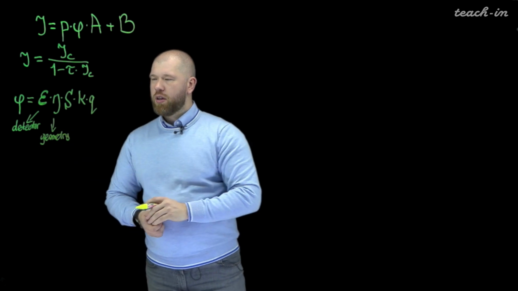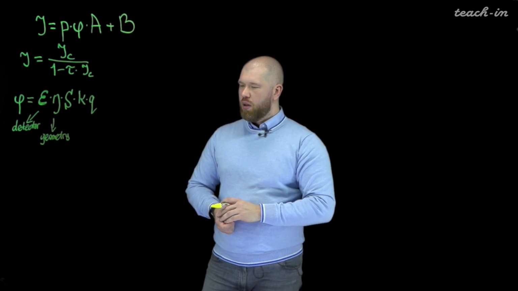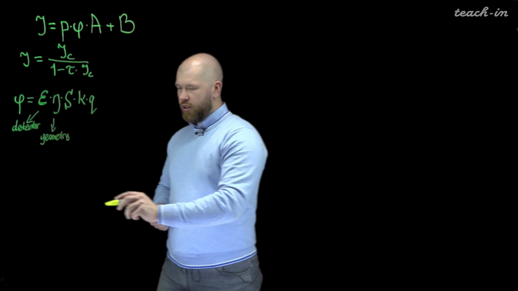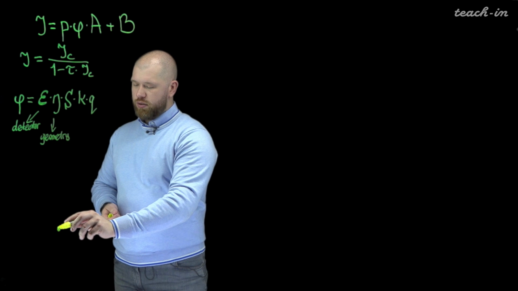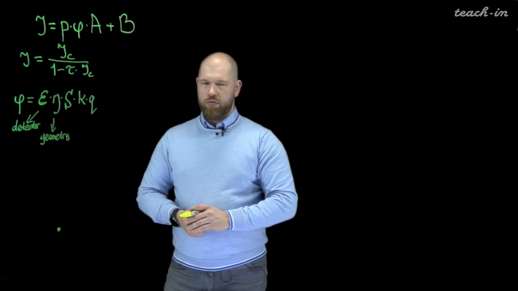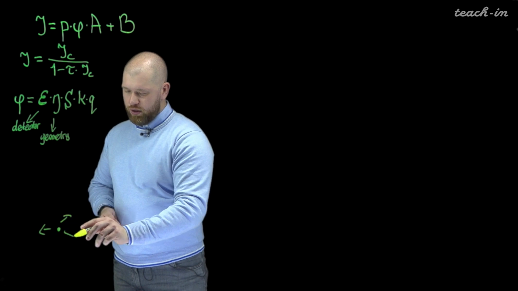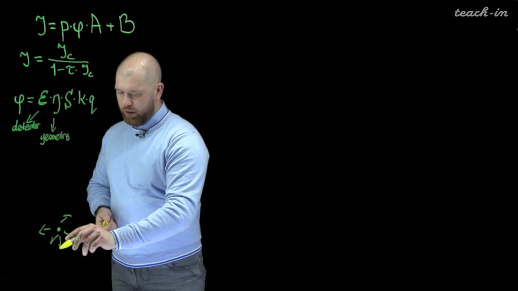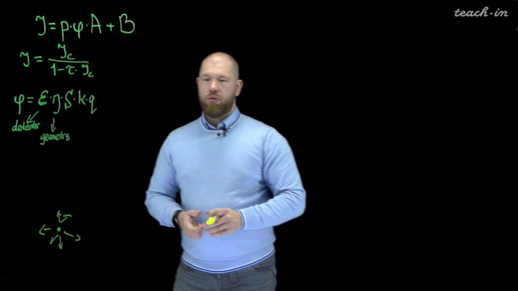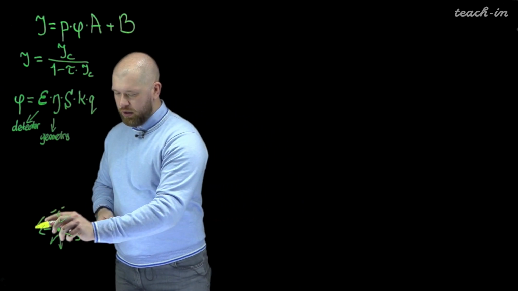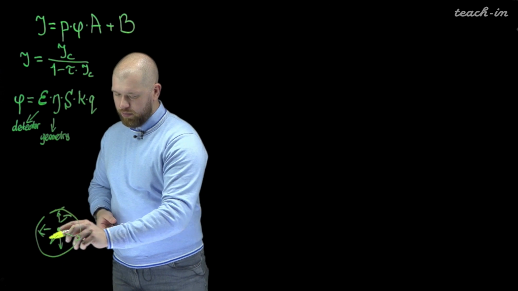How can we calculate it? It's just a simple representation. If there is a source of our ionizing radiation, the radiation is released in all directions, so it goes in the shape of the sphere.